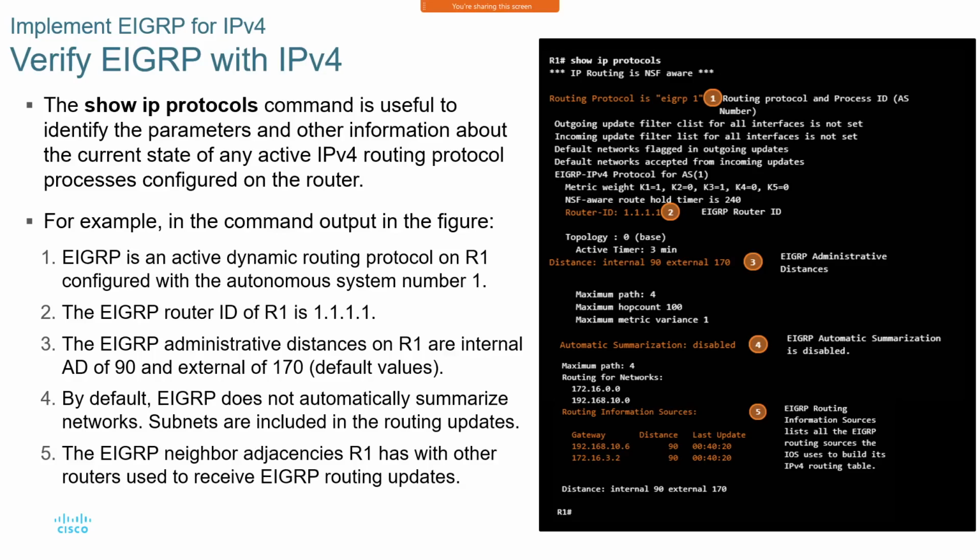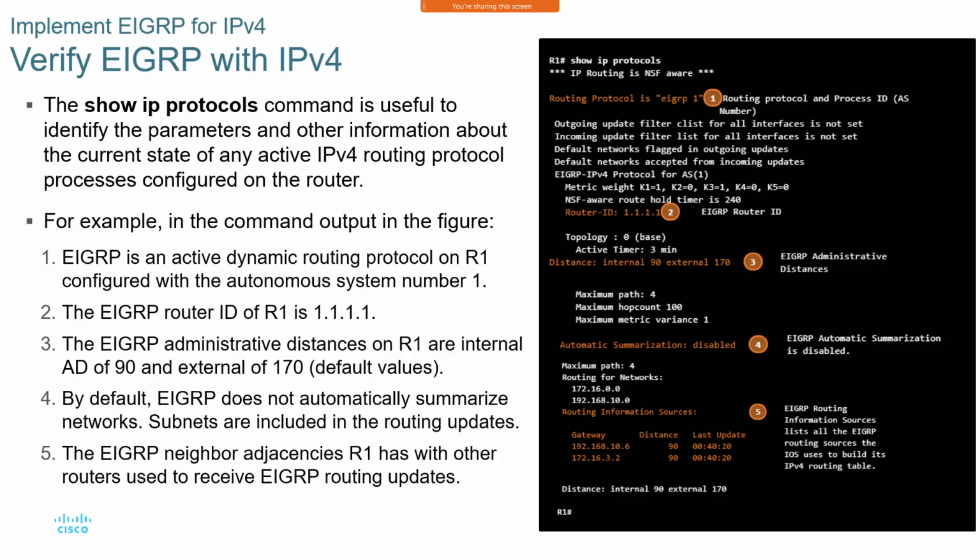So if we have multiple routing protocols configured, for example RIP, EIGRP, and OSPF, and we are exchanging information between all the routers using all these different routing protocols, that is possible. However, just one of the routing protocols will be able to install a route in the routing table. And that choice of which one of the routing protocols will install a route in the routing table will be done based on the administrative distance.